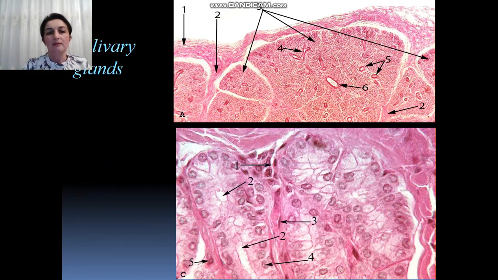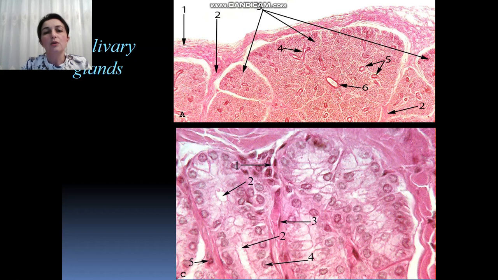First of all, the salivary glands. All of these are glands of the alimentary canal, which are associated with the alimentary canal, and they have very important functions and aid digestion. They open into the alimentary canal via their ducts, and they release their secret via their ducts into this canal.